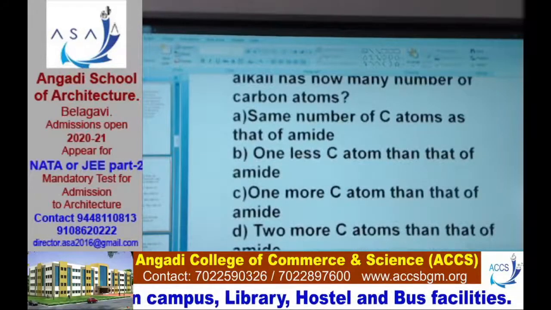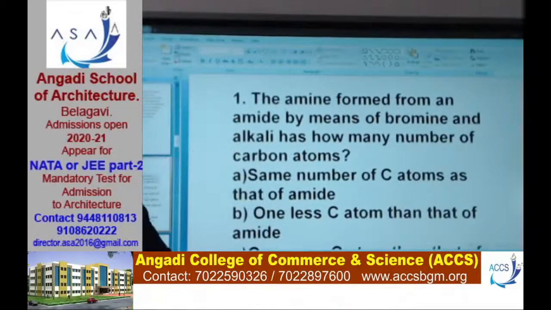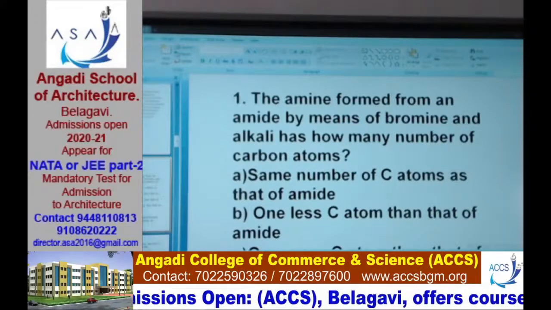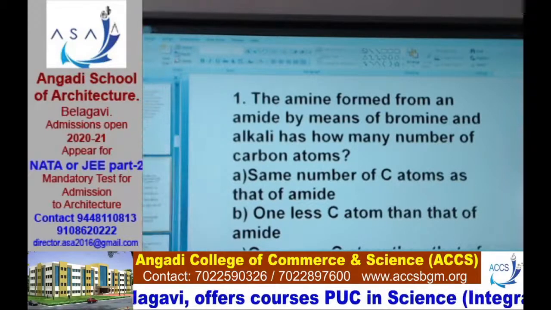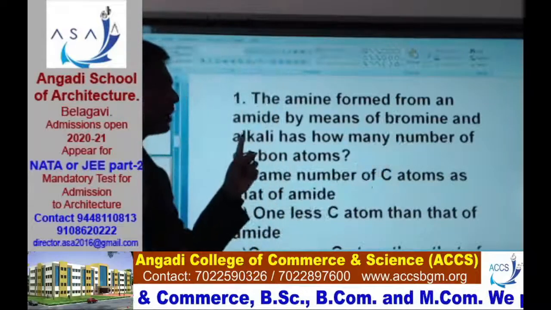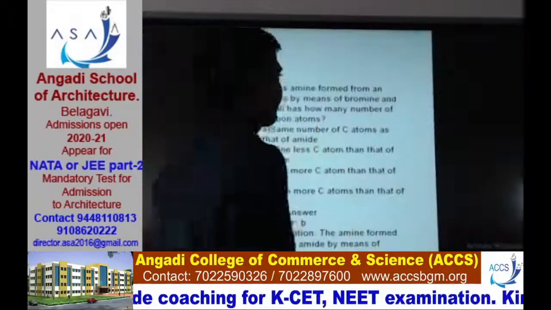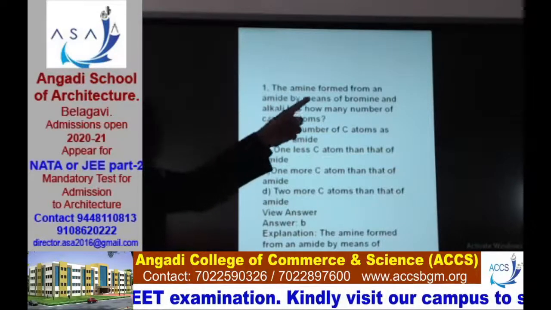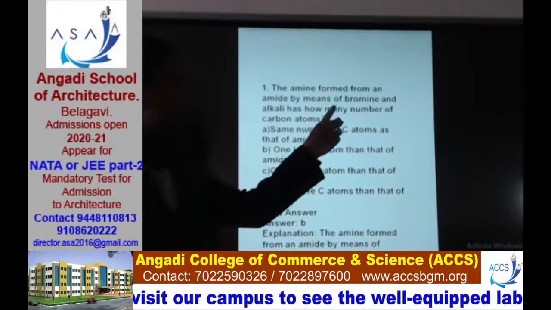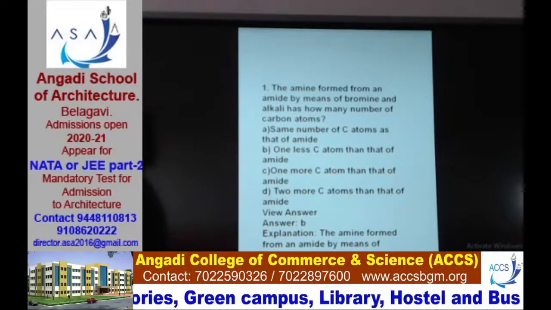Okay. Now we move towards the questions. So this is the first question I have taken. The amine formed from an amide by means of bromine and alkali has how many carbon atoms?